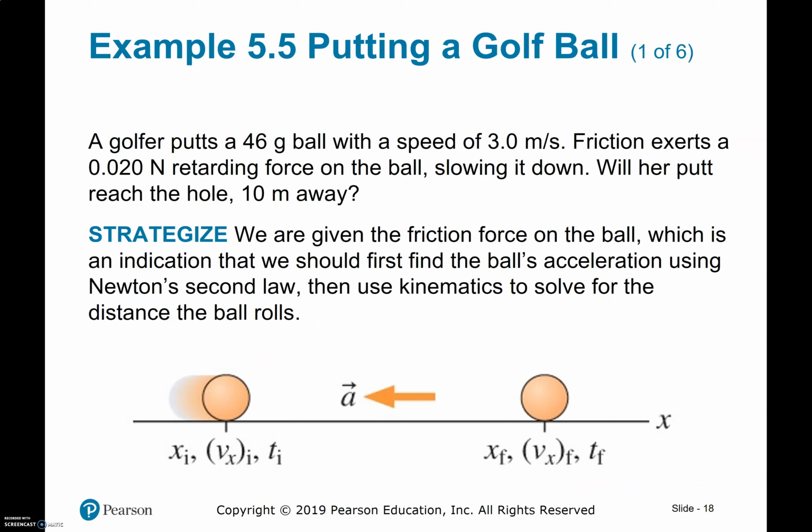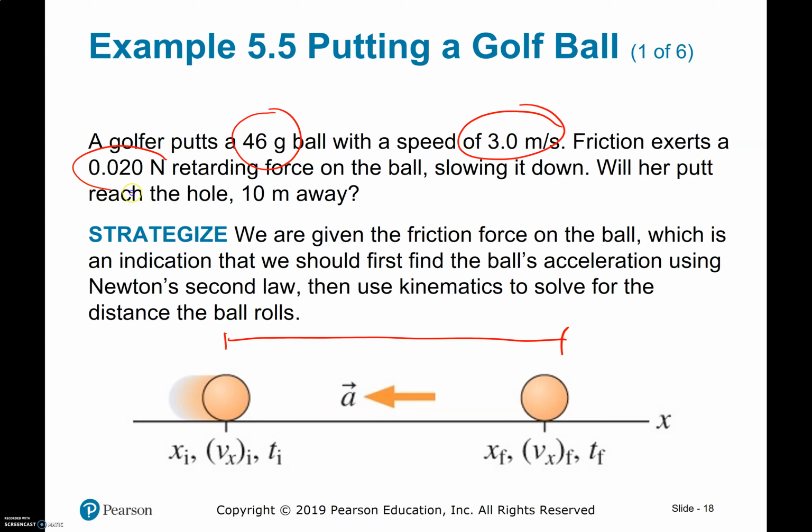We have a ball that is being kicked, and then it's moving. It moves from here all the way here, and in that process there is a friction acting on the ball. We want to find the final position of the ball. The ball has a mass of 46 grams and an initial speed of 3 meters per second.